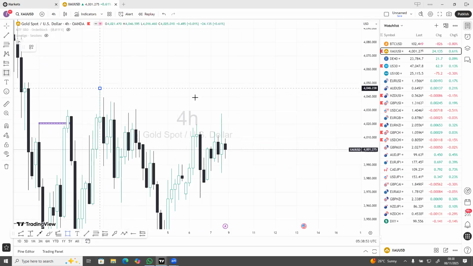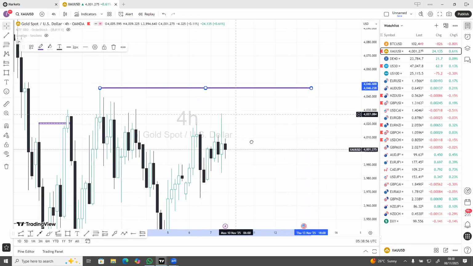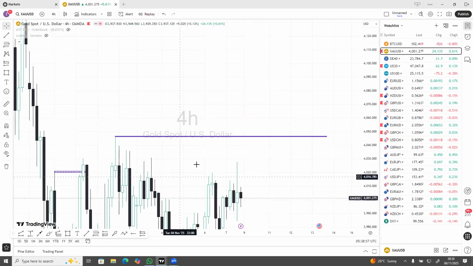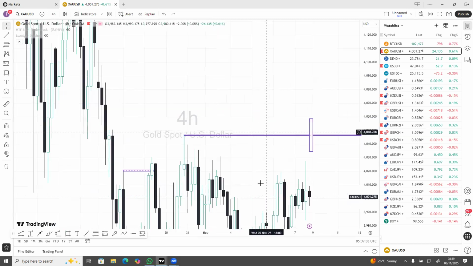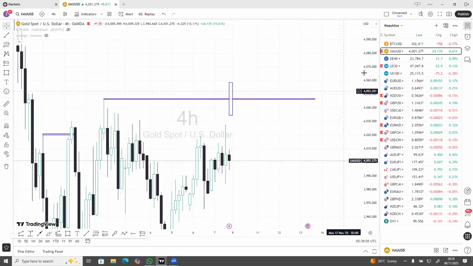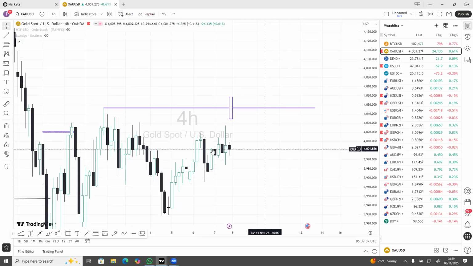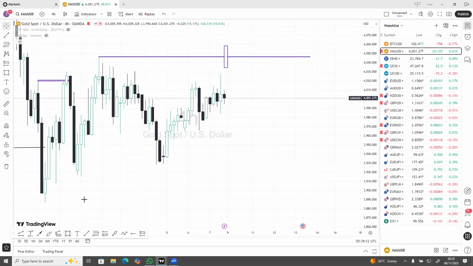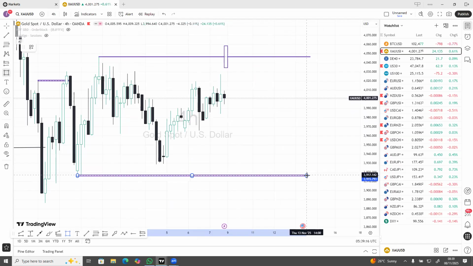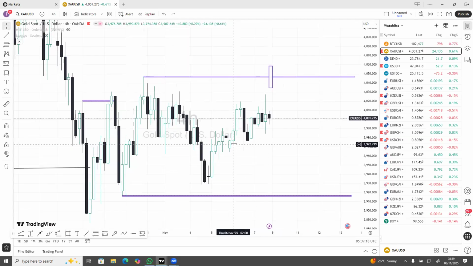To execute a clear buy, wait for a candle to close above that range. We have that particular range. When a candle closes above here, we can execute a buy. But right now, price is trying to consolidate heavily. We experienced a heavy consolidation last week.